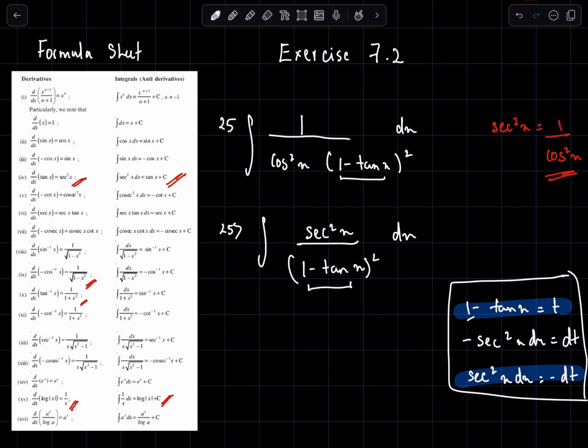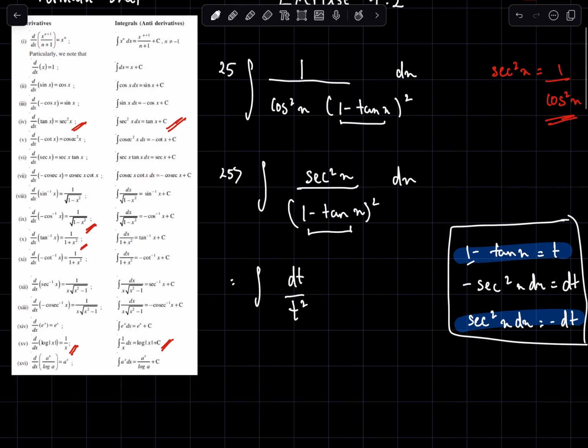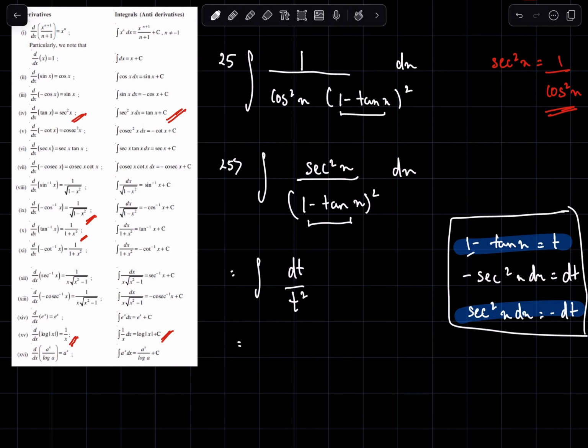Okay, how do we solve this? We substitute, which gives the integral of minus dt over t squared. Sorry, my bad. Now substitute your values, and this will be the integral of minus t to the power minus 2 dt, which is equal to minus t to the power minus 1 divided by minus 1 plus c.